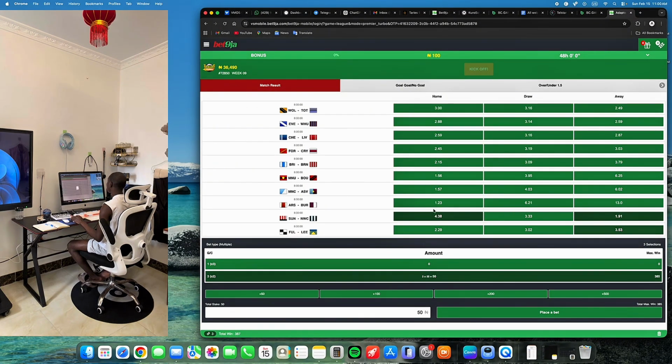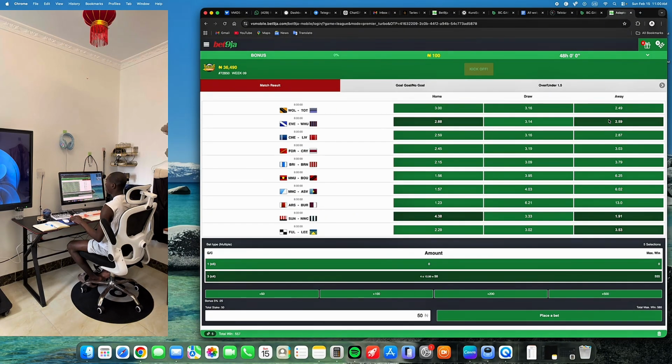Now let's go again. If you look at the next one, Everton. Now, if you look at these two teams, they both are having almost equal chances of winning. So, better still, you play this game under maybe under 3.5 or even under 2.5, is better than wanting to play it head to head.